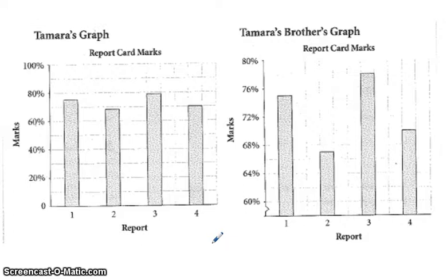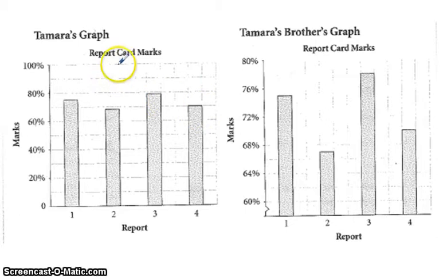What you're going to see here is the exact same data graphed by 2 different people. This is Tamara's report card marks. She's got 4 marks on her report cards. I'm assuming through one year.